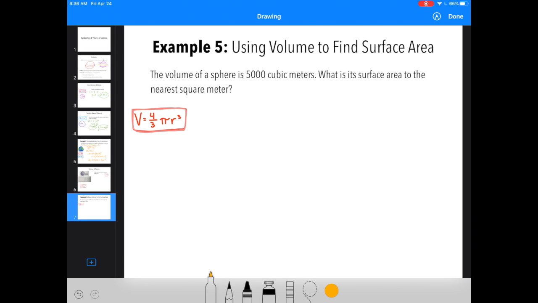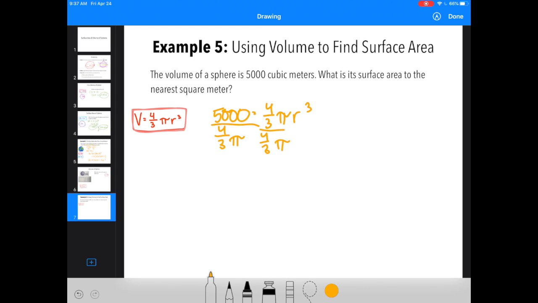All right, so here I'm provided the volume, which is going to be 5,000 cubic meters. We want to find surface area. All right, so plug and chug. My volume is 5,000. It's going to be equal to 4/3 pi r cubed. I'm going to divide by 4/3 pi on both sides.